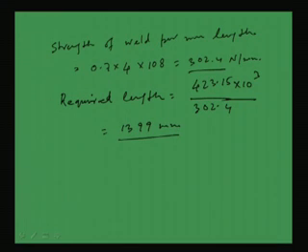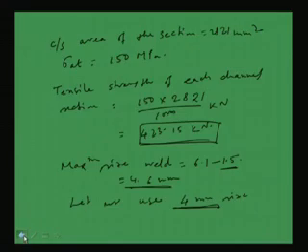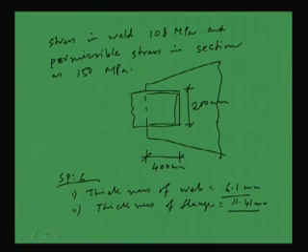Now the overlap length is limited to 400 mm. So the available length, what we are seeing here, will be equal to 400 into 2 plus 200, because this is 400 into 2 plus this channel height.